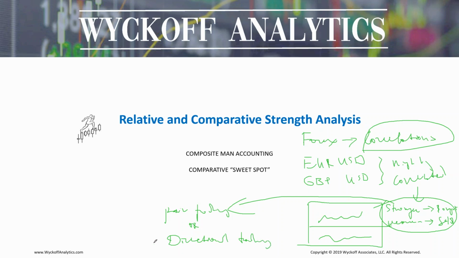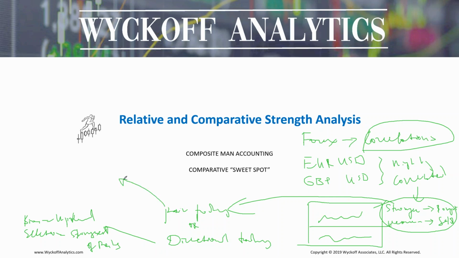What do I mean by that? In the directional trading, let's say that you define the bias as an uptrend. So then your selection is going to be the strongest of the pairs.